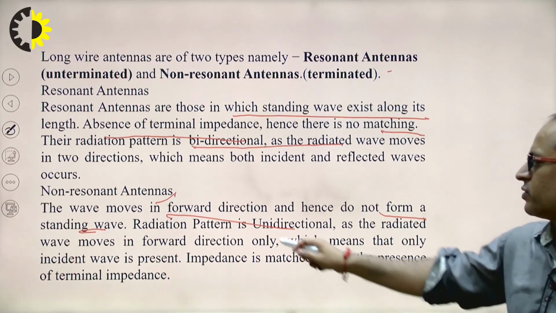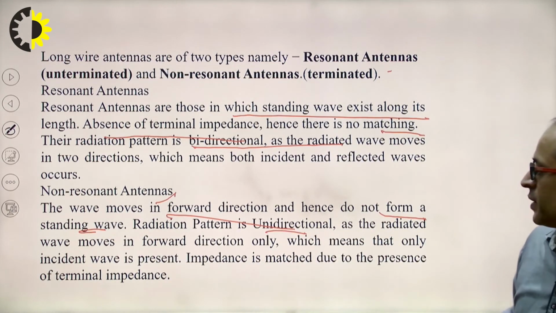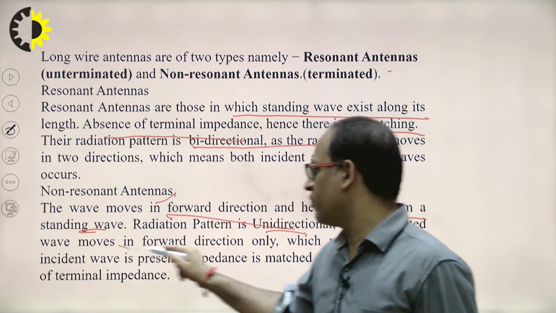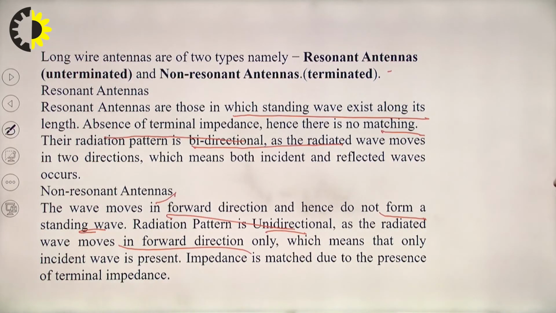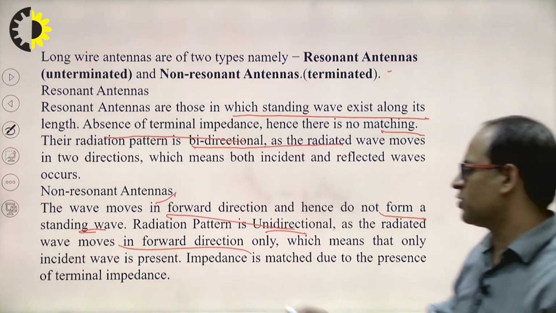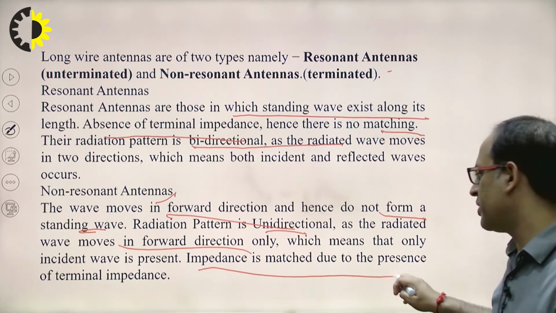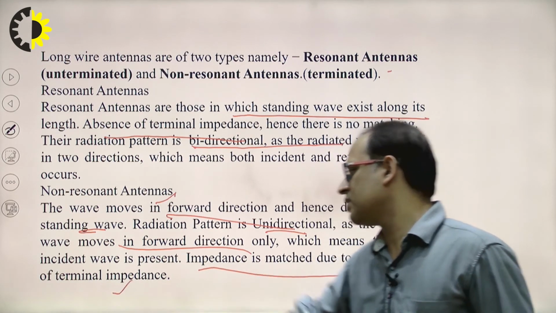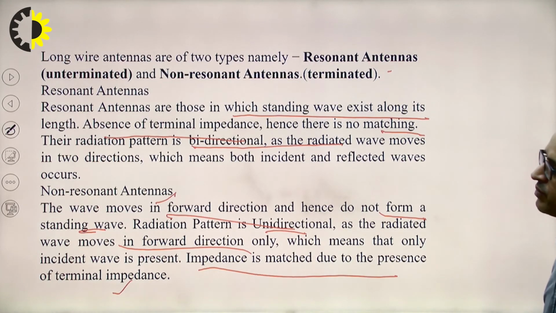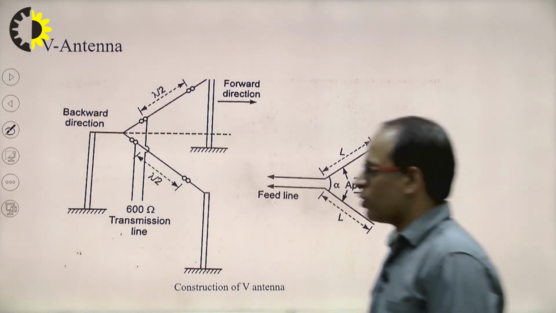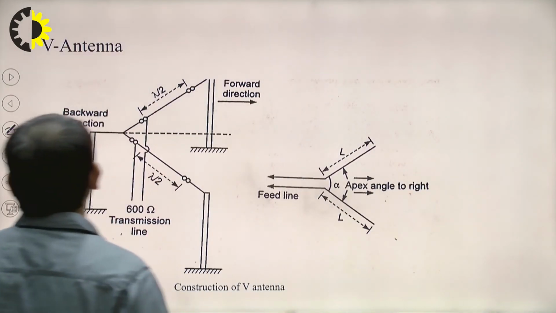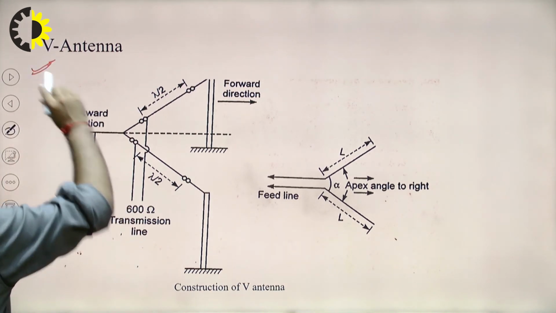Clear? Therefore the radiation pattern is unidirectional and all waves move in the forward direction only. Clear? And the next point is that the impedance is matched due to the presence of the terminal impedance. Clear? So in the long wire antennas, first we will discuss the V antenna.